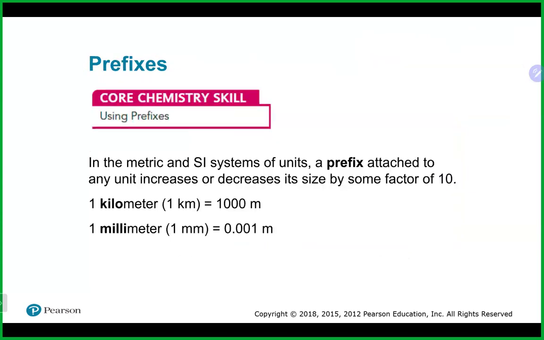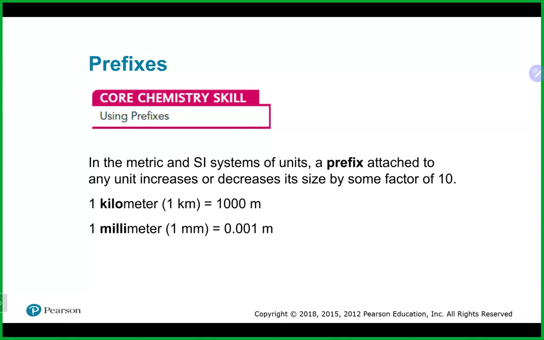So, especially with the metric system, we do use prefixes a lot, and we use prefixes to change the meaning of the unit that we're dealing with to make it a little bit easier to deal with. So, for example, 1 kilometer means that there's 1,000 meters.